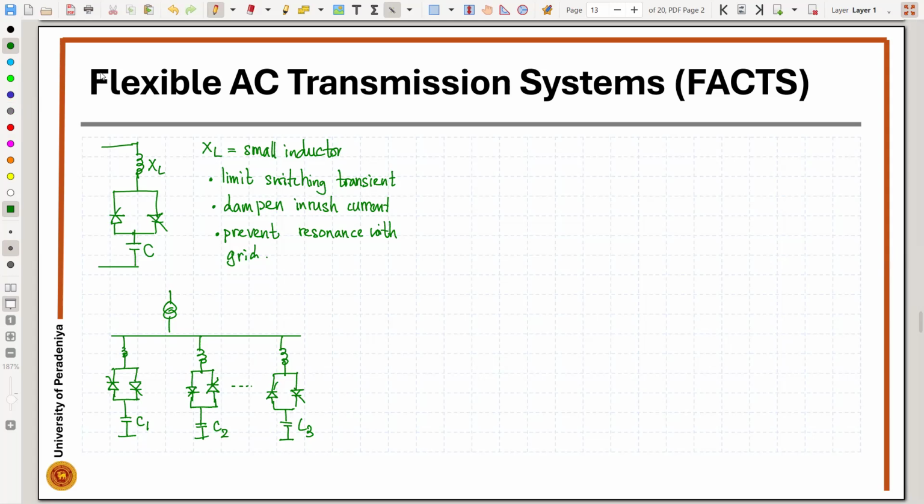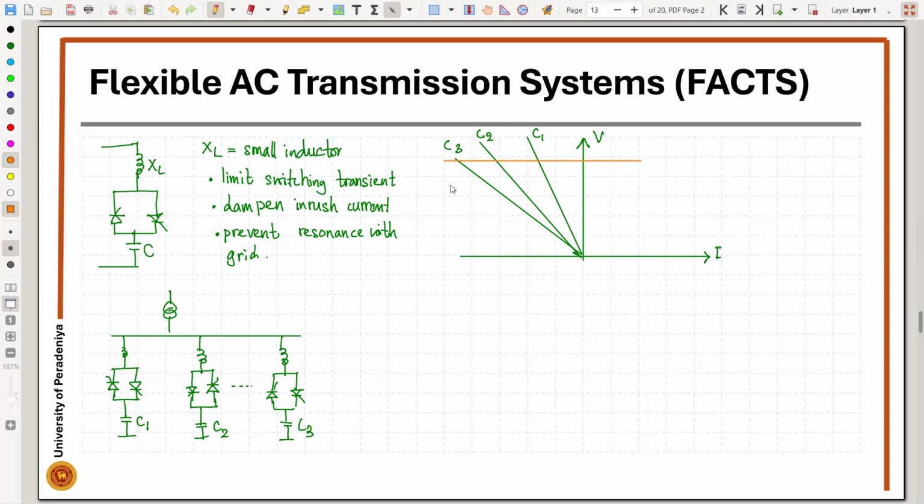That can be explained through this. If you have the voltage and the current, let's say you have different capacitors C1, C2, and C3, and we can define the reference value and allowable positive delta V and negative delta V of the network.